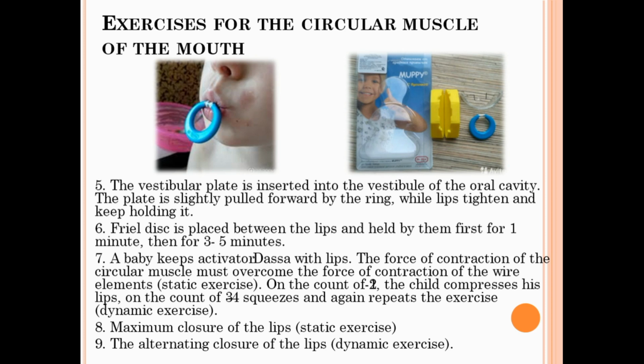The vestibular plate is inserted into the vestibule of the oral cavity. The plate is lightly pulled forward by the ring, while lips tighten and keep holding it. Next, an oral disc is placed between the lips and held by them first for 1 minute, then for 3 to 5 minutes.